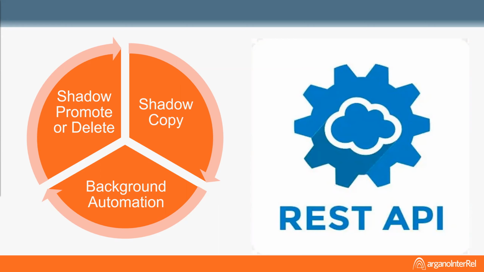Then the last step is you have a decision to make. If after you've done all of that work on your shadow cube you find that there's a problem, maybe with the process, you didn't load all of the data properly, or it doesn't tie out, whatever it is, and you're not going to promote it back, you can delete that shadow copy.